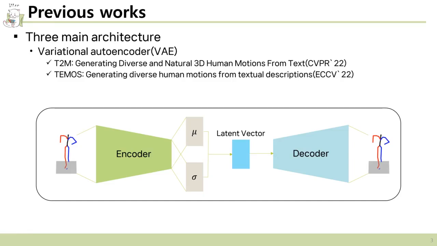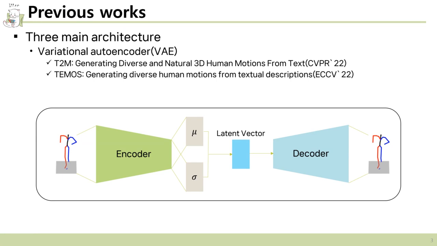Before ParCo, a lot of text and motion generation models were based on the variational autoencoder approach, which is widely used in generative models. The VQVAE works by encoding input data into a compressed latent representation and then decoding it to generate an output. In the case of motion generation, the input could be a textual description, and the output is the corresponding motion sequence.